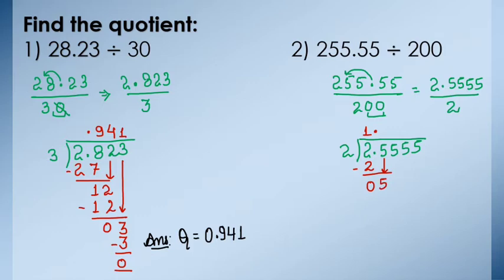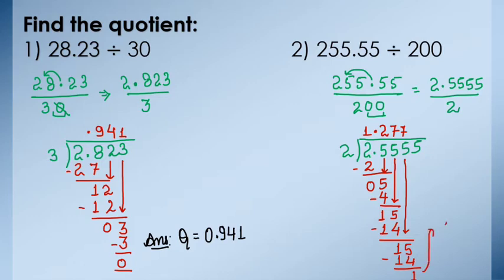2 2s are 4. 1 is left. Now bring down the next digit, that is 5. 2 7s are 14. 1 is left. Bring down the next digit, that is 5. 2 7s are 14. Again 1 is left. And you have to bring down the next digit, that is 5.